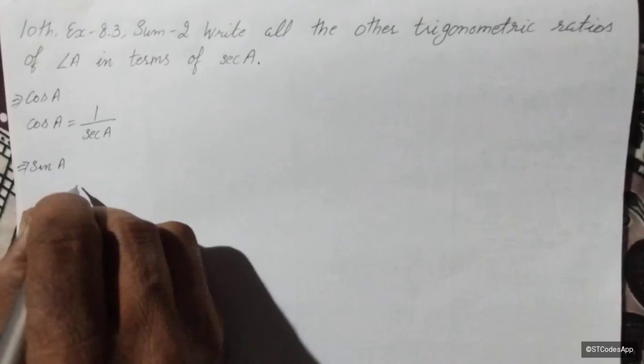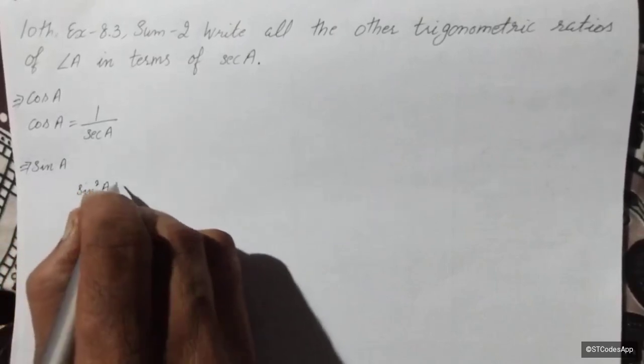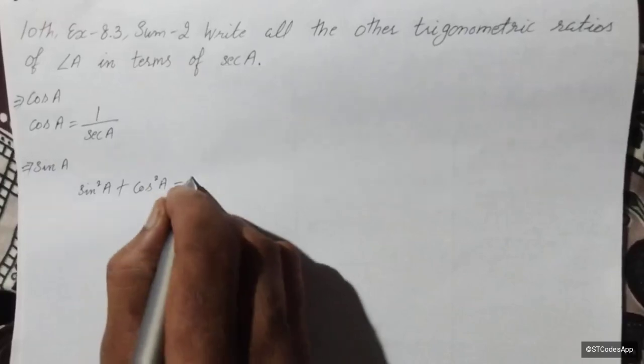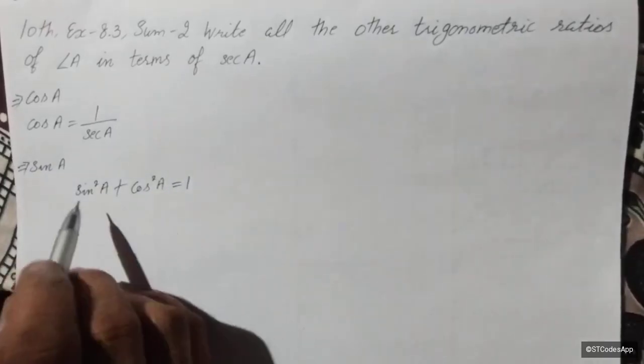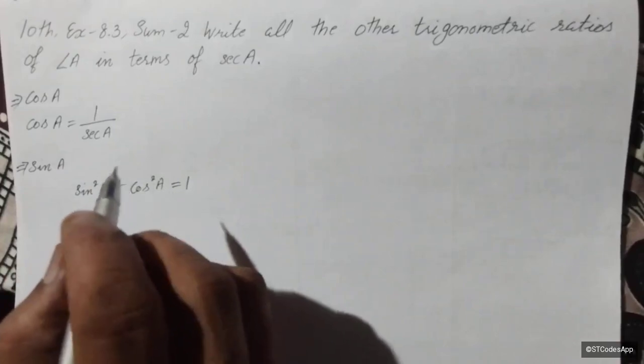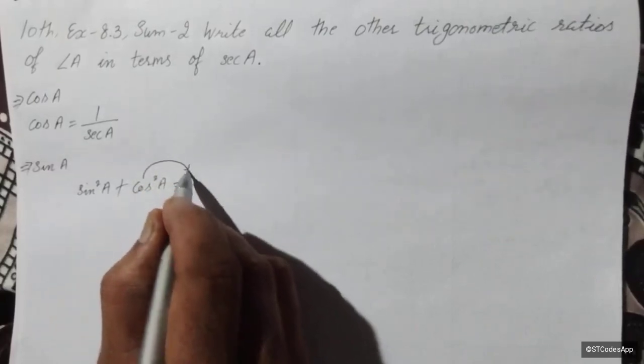We know that sine square A plus cos square A is equal to 1. This is the formula. So what we will do, we will shift cos square A to the other side.